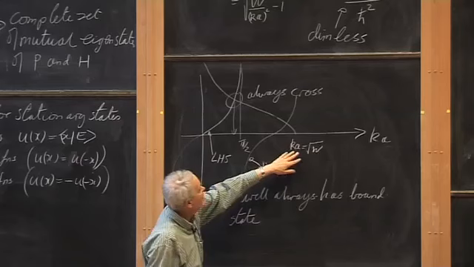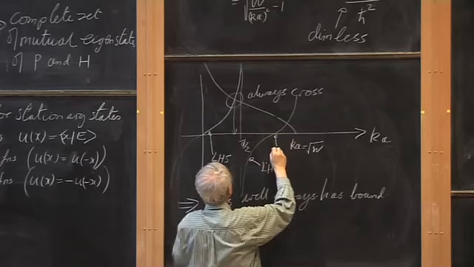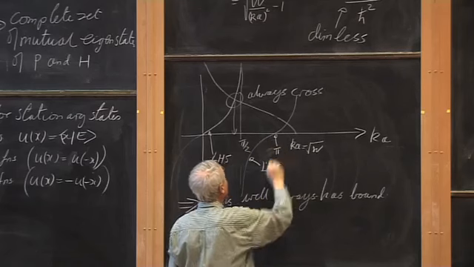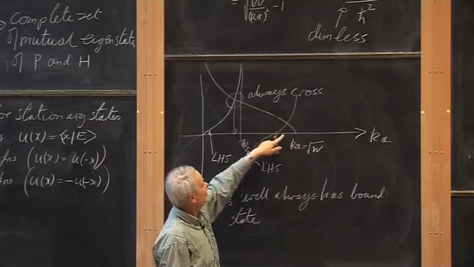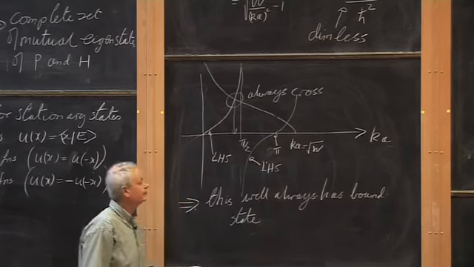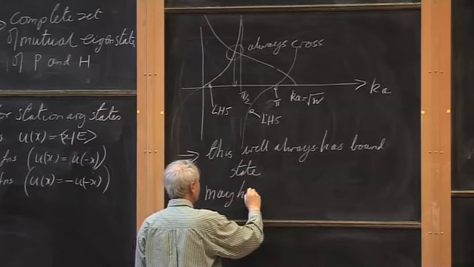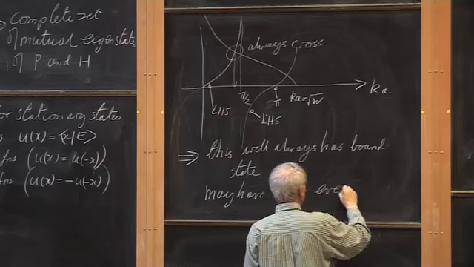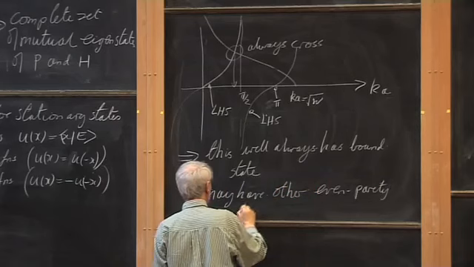So if we made Ka smaller than this place, pi, we wouldn't get a second solution. But if we have Ka bigger than this, we do get a second solution. So it may have other even parity stationary states.